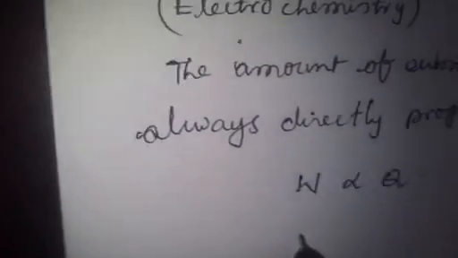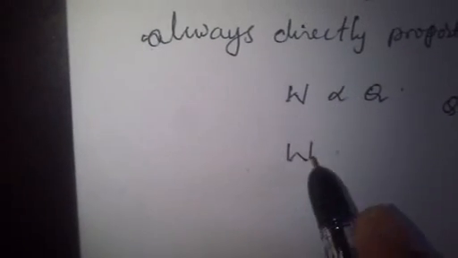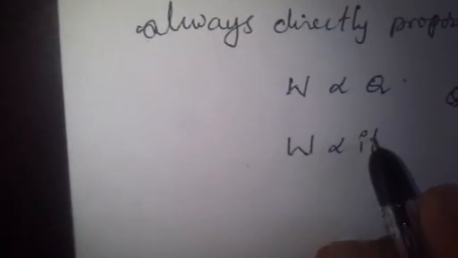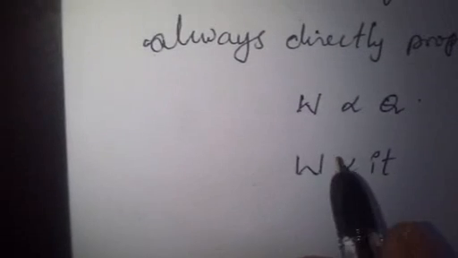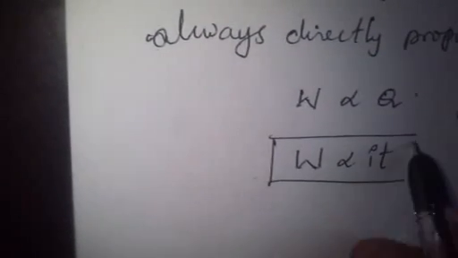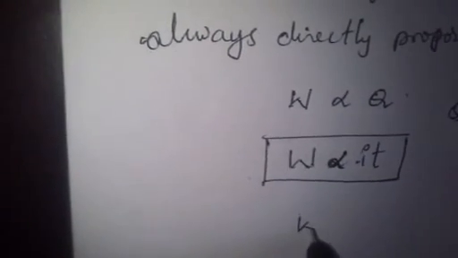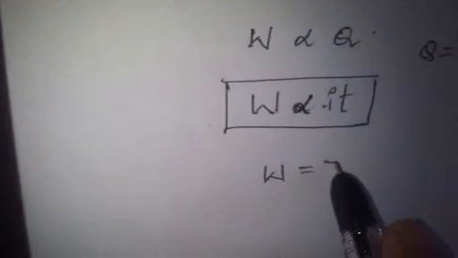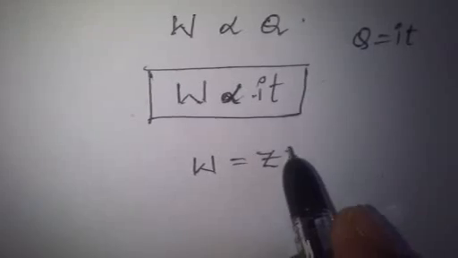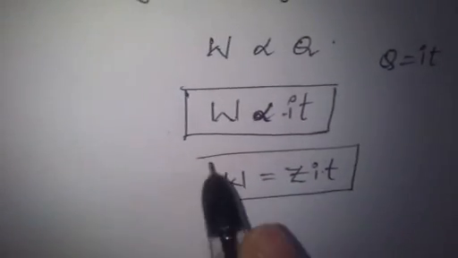So if you substitute, W is proportional to I into T. For equating, we use one proportionality constant, so W is equal to Z into I into T.